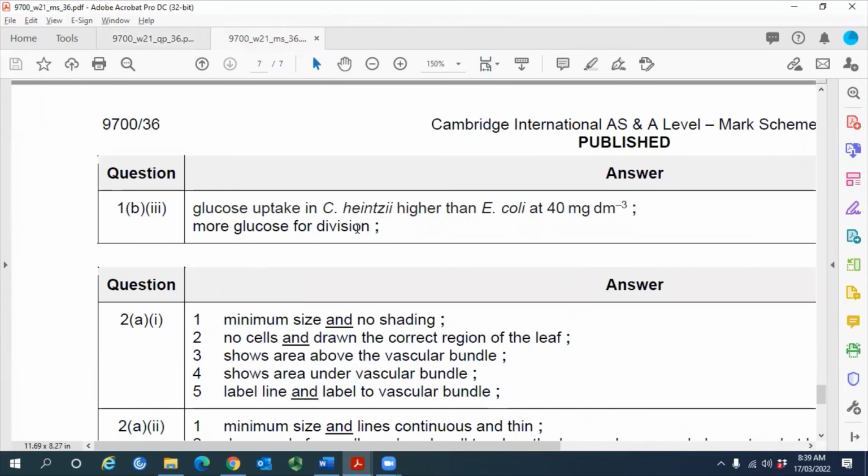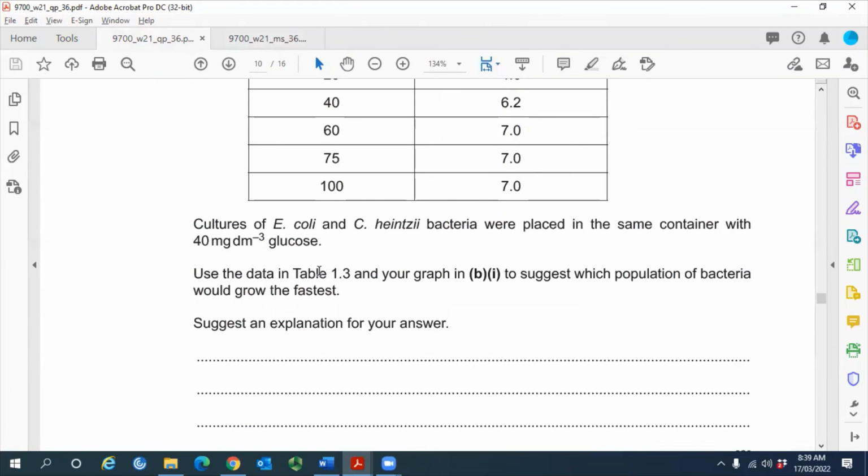More glucose for division is just a general statement. Because the question asks which population of bacteria would grow the fastest. Every time they say bacteria grow, it means the bacteria divide.